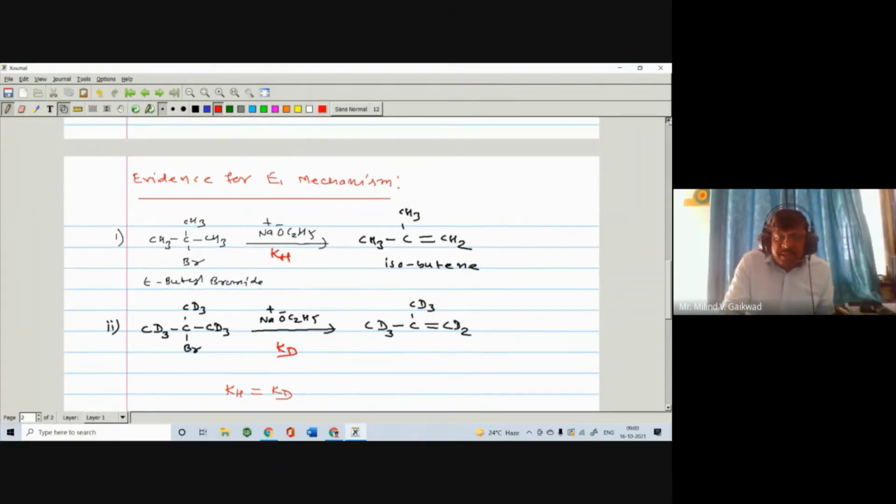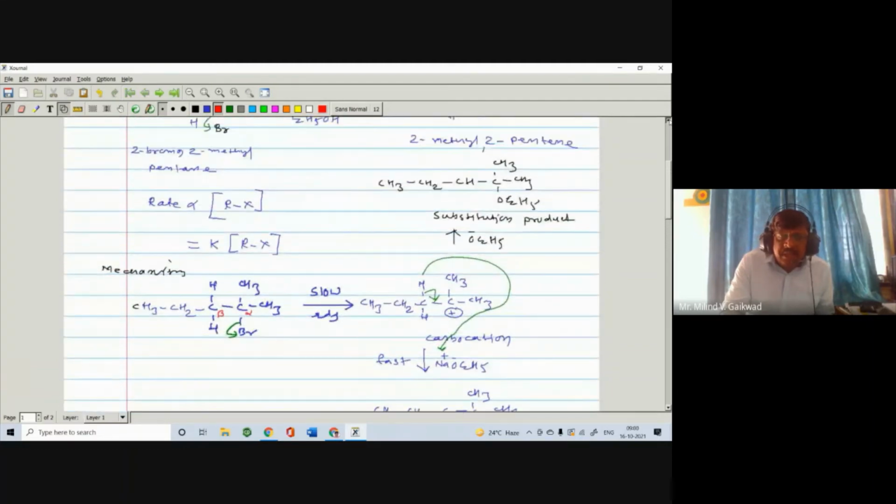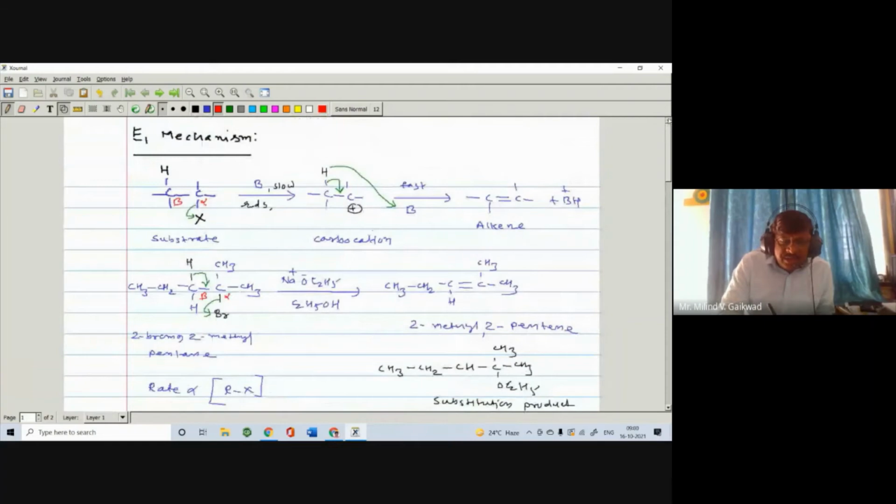If you see the mechanism of the reaction, as we have seen previously, in general this is your beta carbon atom. The C beta-H bond breaks in the second step. It does not break in the first step. So the CH bond breaking is not involved in the RDS step. It is involved in the fast step.